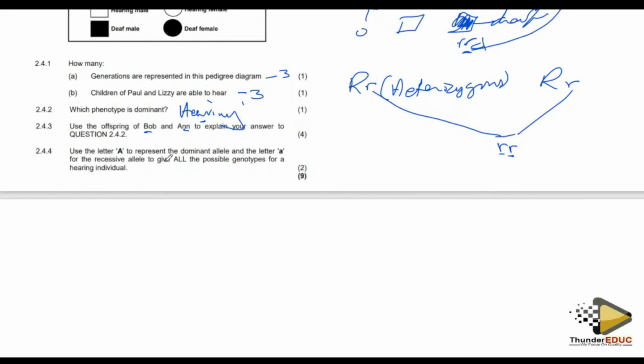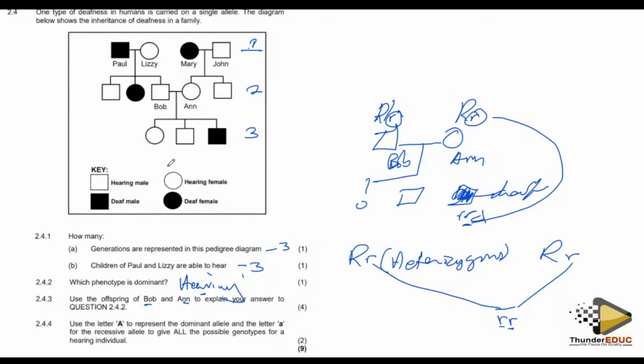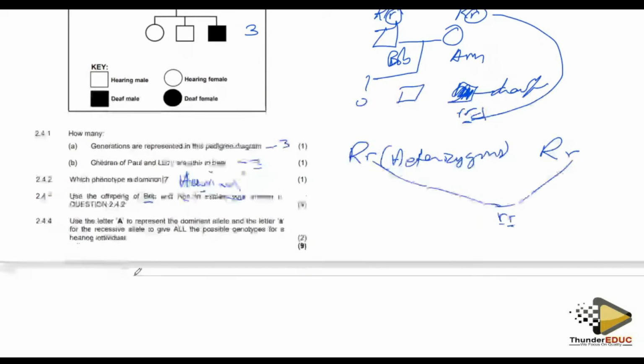Use letter A to represent a dominant allele and small a a recessive allele to give all the possible genotypes for people who are hearing.